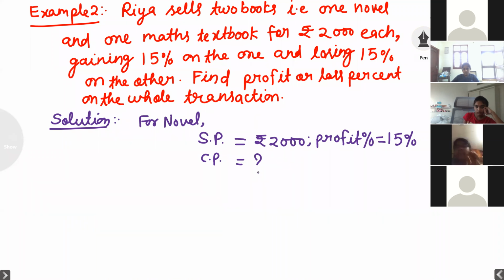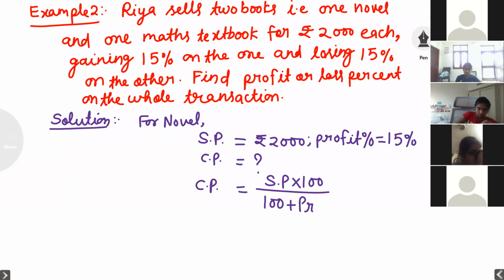Now CP is equal to SP into 100 divided by (100 plus profit percentage). This I am talking about for the novel. After that, I want to discuss the mathematics textbook. Firstly, I am discussing the novel.